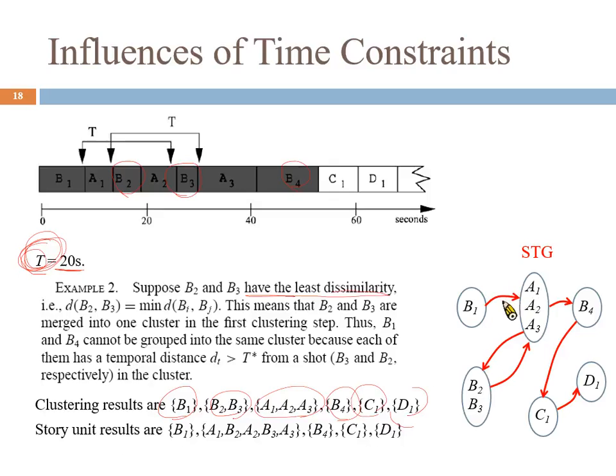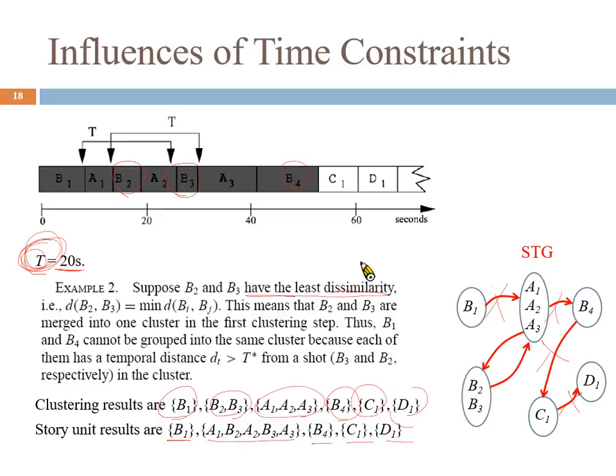So we get an STG like this. And then when we cut off the cutting edge, we cut this one, this one, and this one. So finally, the scene change detection result will be B1, A1, B2, A2, B3, A3, B4, C1, D1.